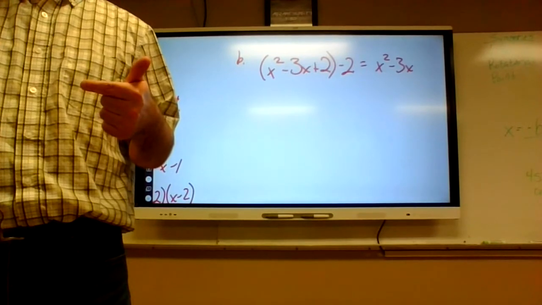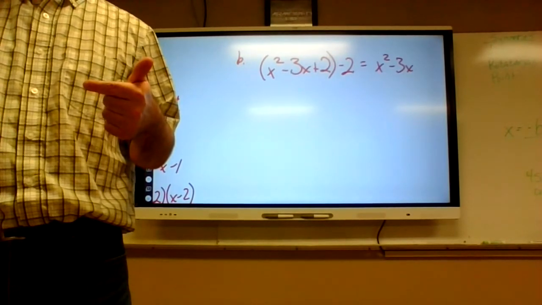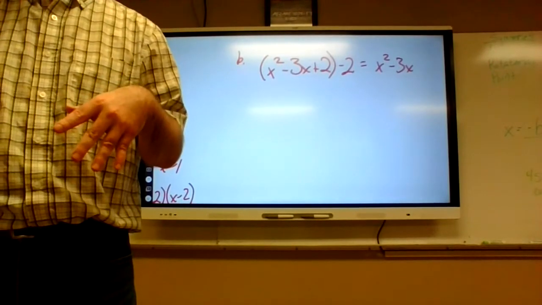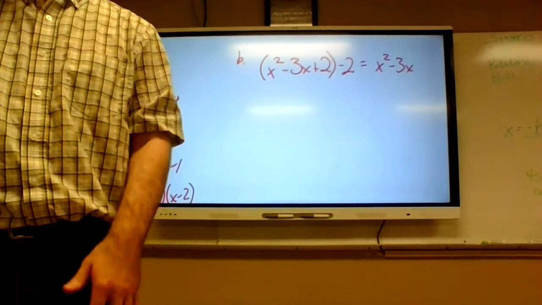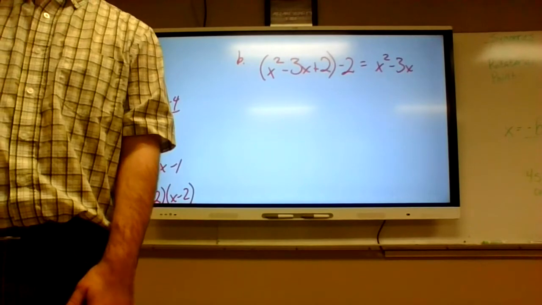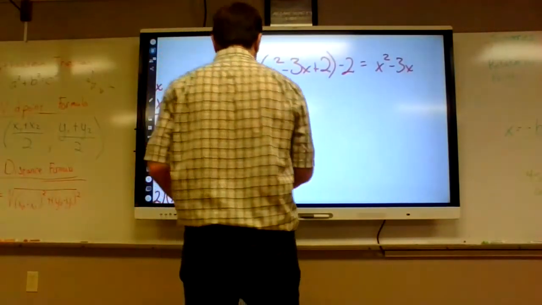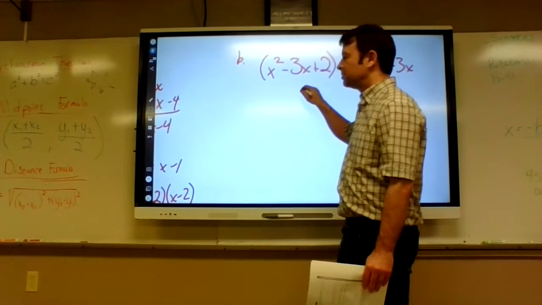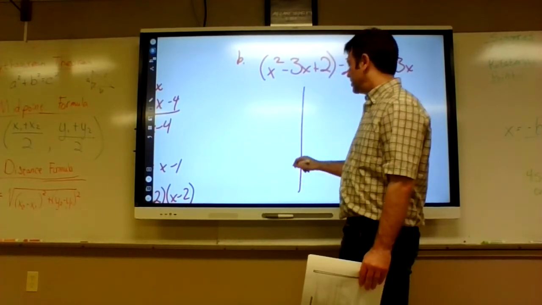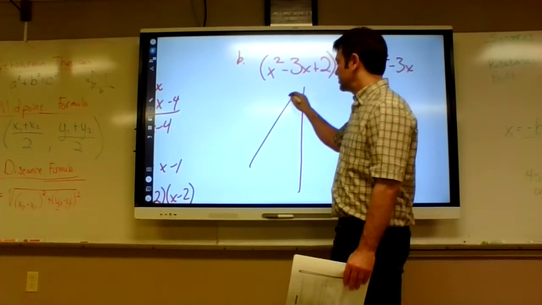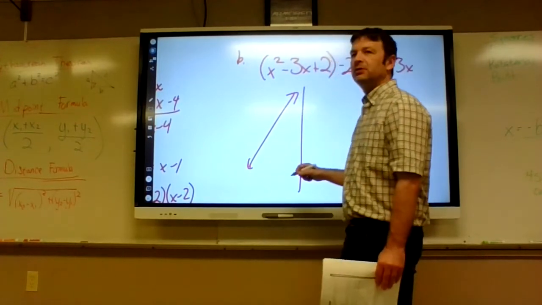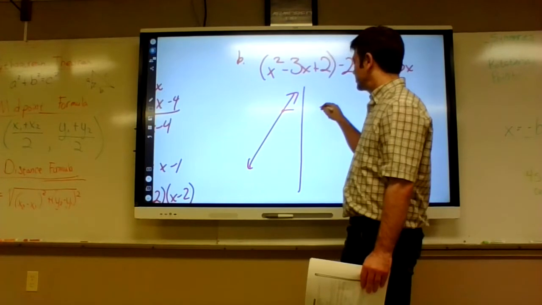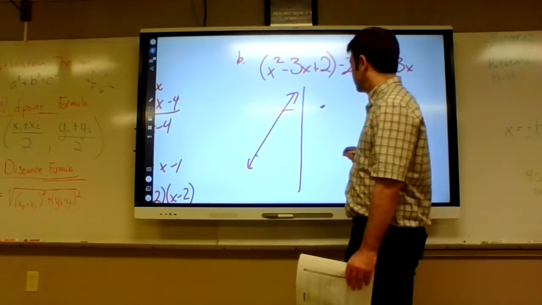How do you reflect a line? You fold it over. But what do you do to it? Do you make it negative? I remember that question: what would this point be if you reflected the line across the y-axis?